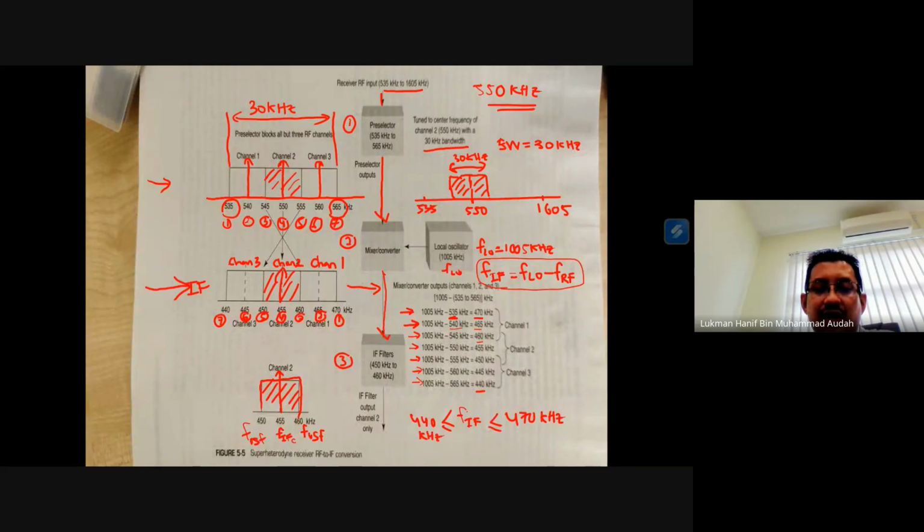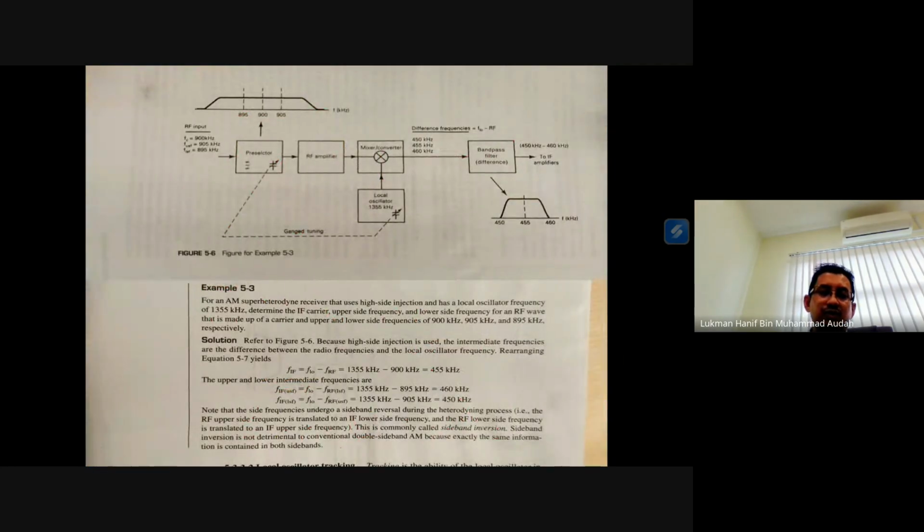So now at the output of the IF filter, I can listen to channel 2 only. From there, after the IF filter, we can amplify the signal and then pass through the audio section for the demodulation process. So this is what happened at the mixer converter. Okay. And I also want to show you another example like this. So this is also a mixer converter example.